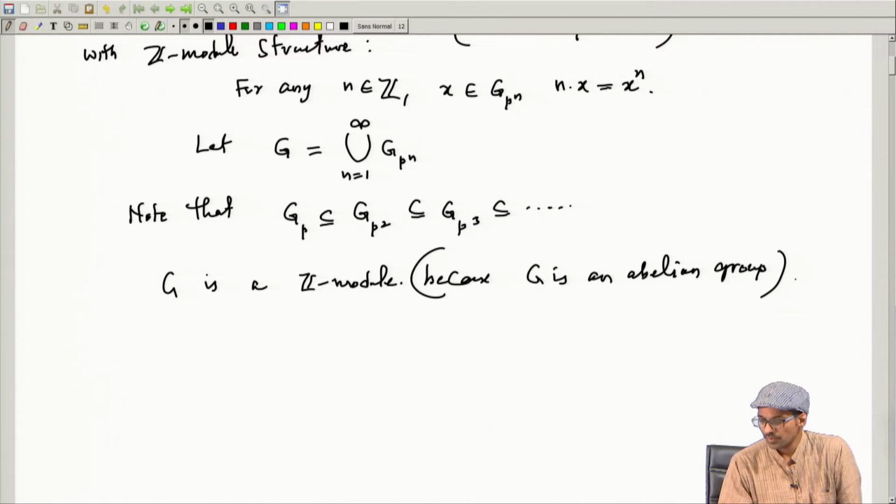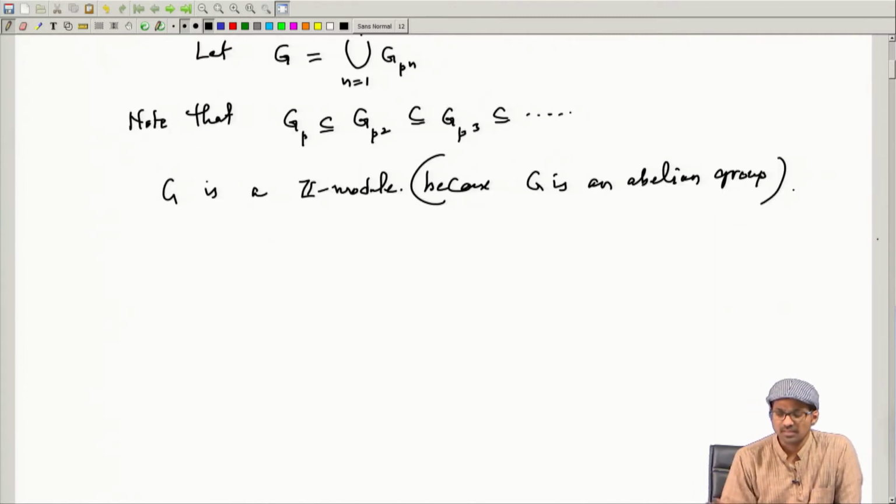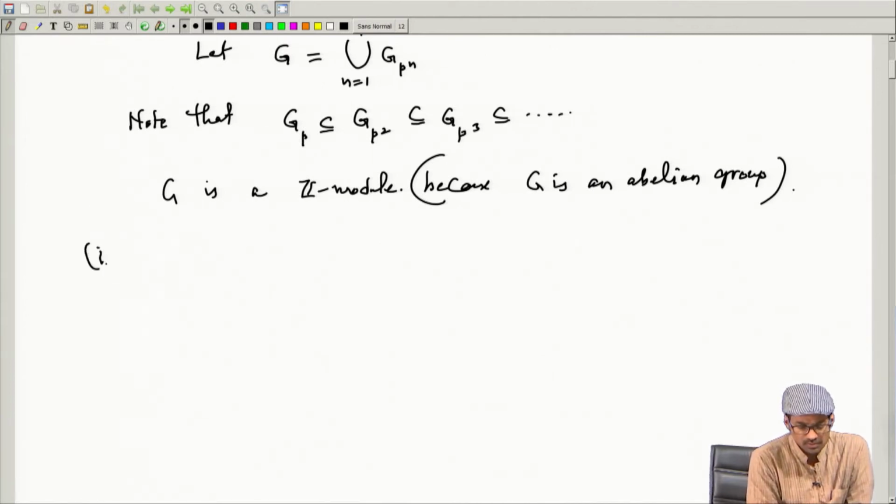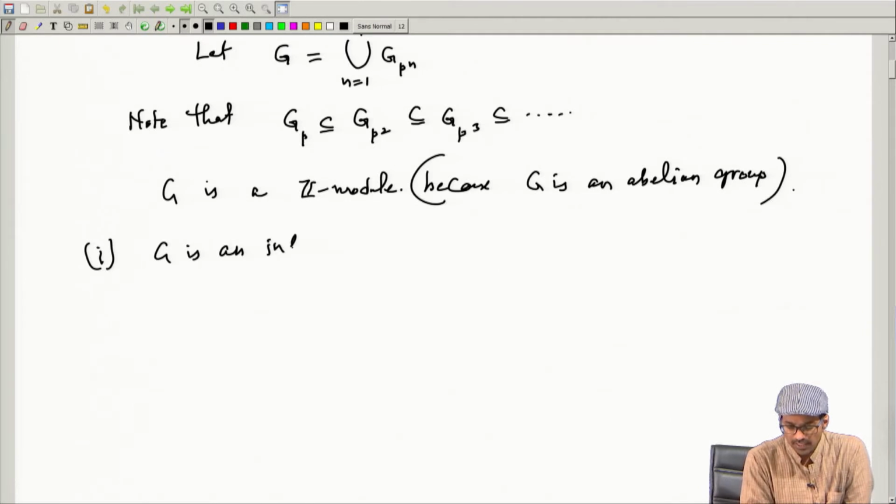So, it is an abelian group, therefore, it is a Z-module. Okay. So, our first claim is G is an infinite non-cyclic group.